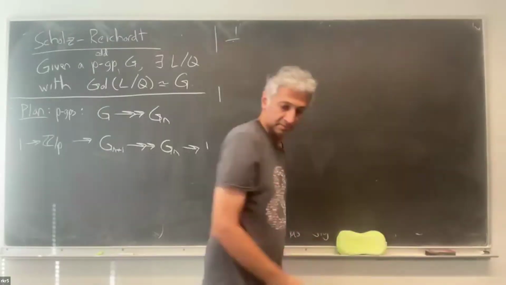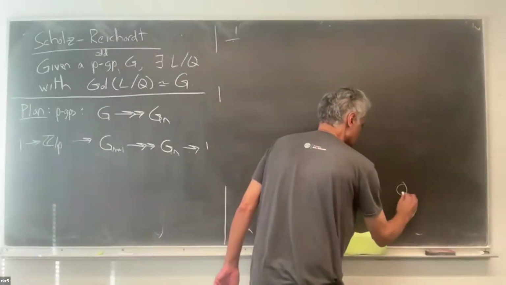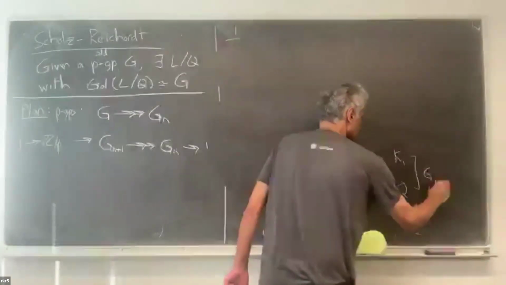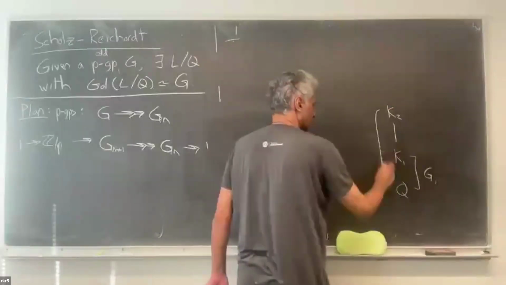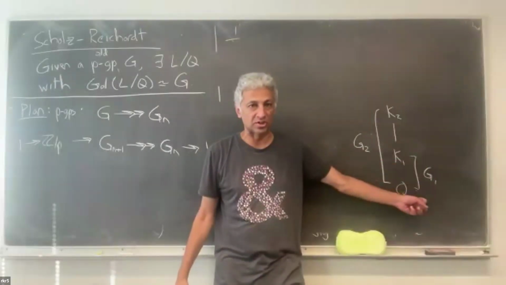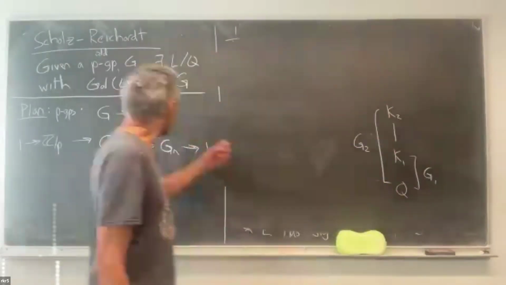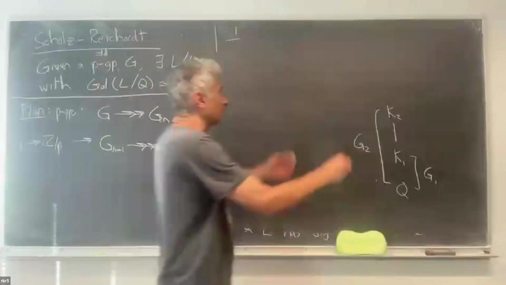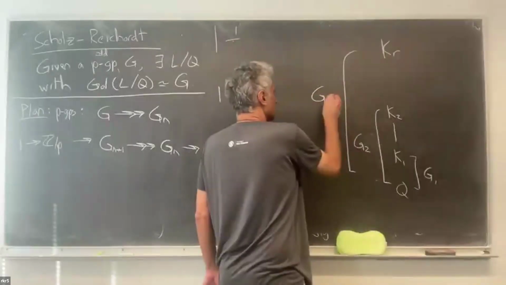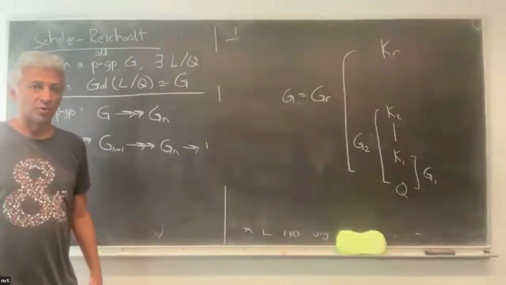And then what you do is you build a K1 where the Galois group is G1, the first quotient, which is just Z mod P. Then you build an extension where the Galois group is G2, which is a bigger quotient, and G3 and G4 and so on. And you build something at the top where you get the whole thing.